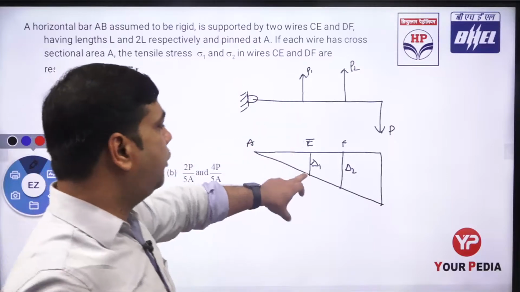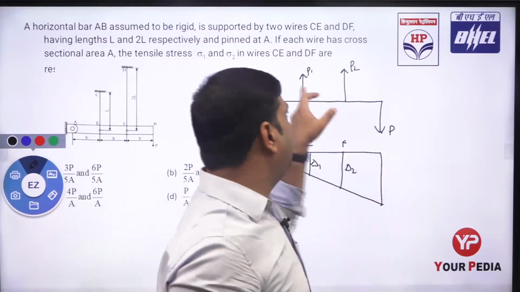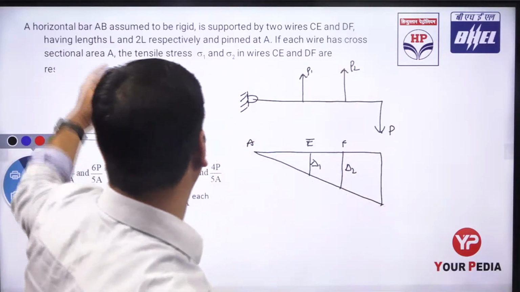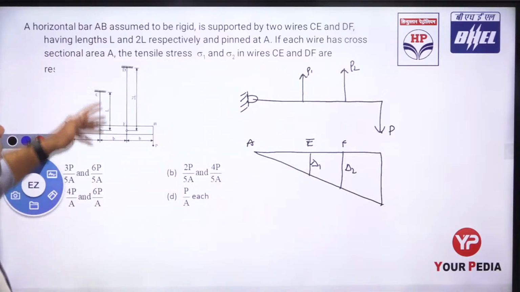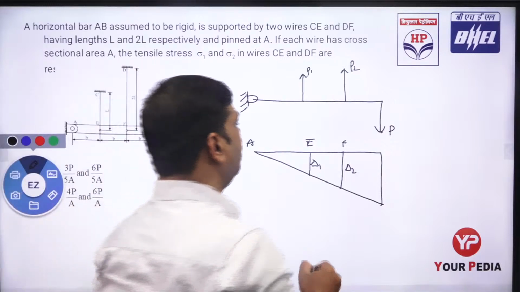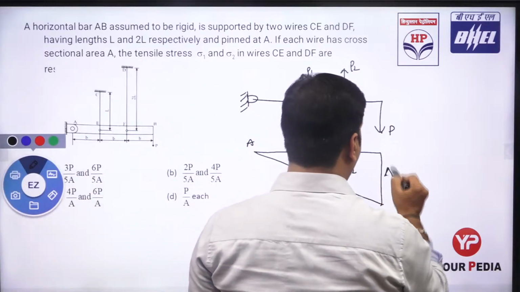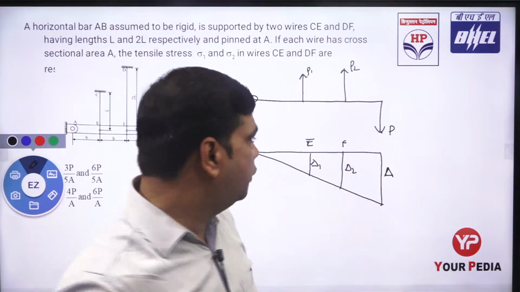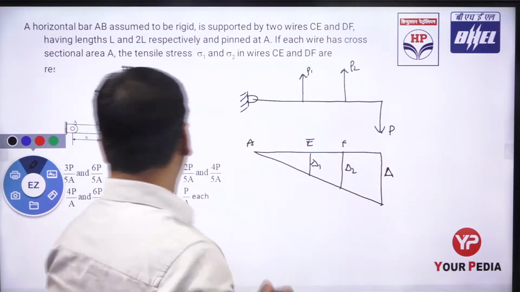This deformation is to be restrained by the P1 force and P2 force, or we can say by the supports, the wires CE and DF. So to find this deformation, we can calculate it.